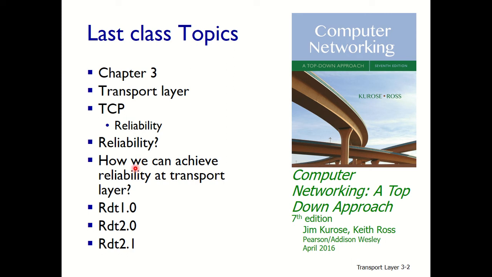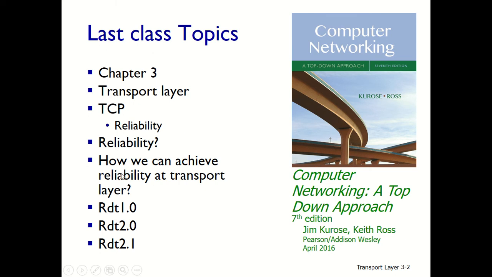For this purpose, we were assuming some scenarios, and until now we have discussed the RDT 1.0 protocol, the RDT 2.0 protocol, and the RDT 2.1 protocol. These topics have been discussed in the last class.